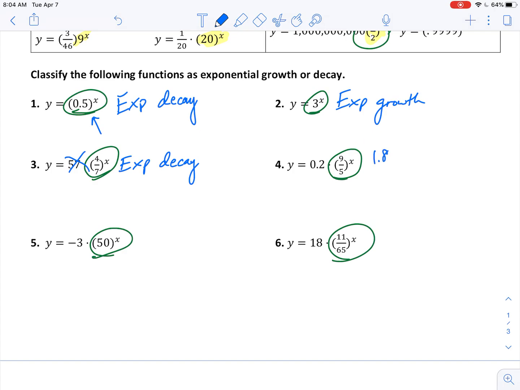So this must be exponential decay. The base is smaller than 1. And here I've got 9/5. 9 is bigger than 5, so if I type this into a calculator, I'll get 1.8 to the x, which means that that must be exponential growth. That base here is bigger than 1.